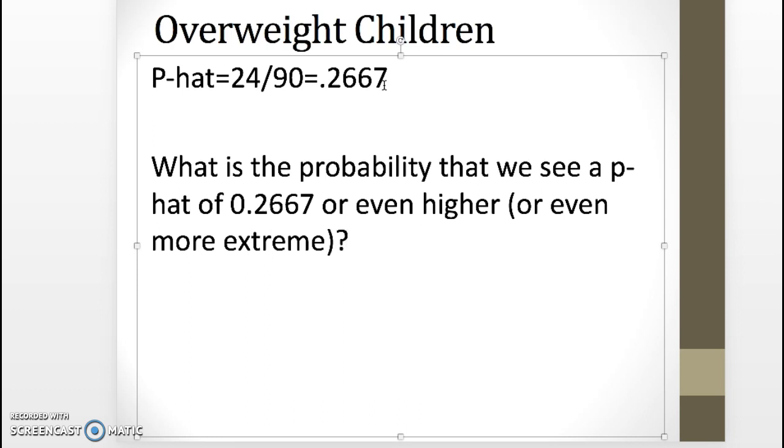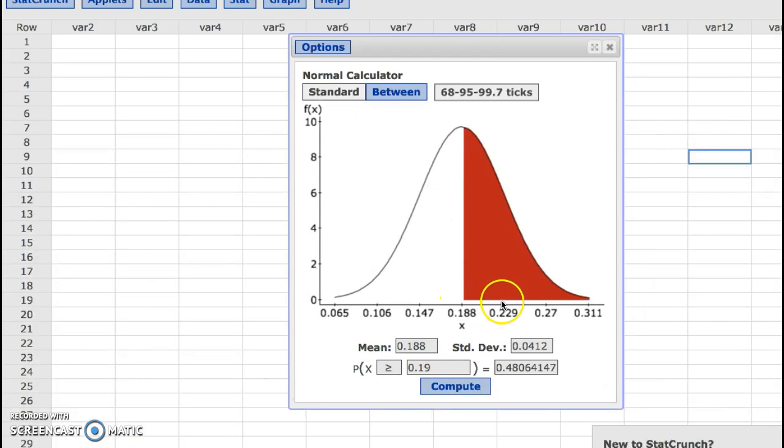This is going to mimic what we do with hypothesis testing, where we look at the tails and we do right-tailed tests, left-tailed tests. We always have to think about, what is the probability of observing a statistic that's that high or even higher, or in other cases, that low or even lower. So if we phrase it like this and go back to StatCrunch, before I even modify this part, I can see that this is going to be a pretty small number.